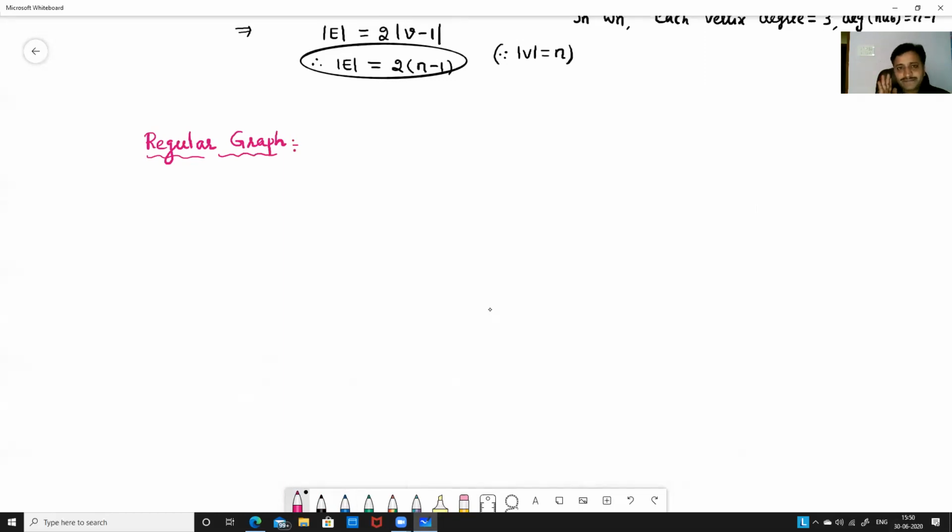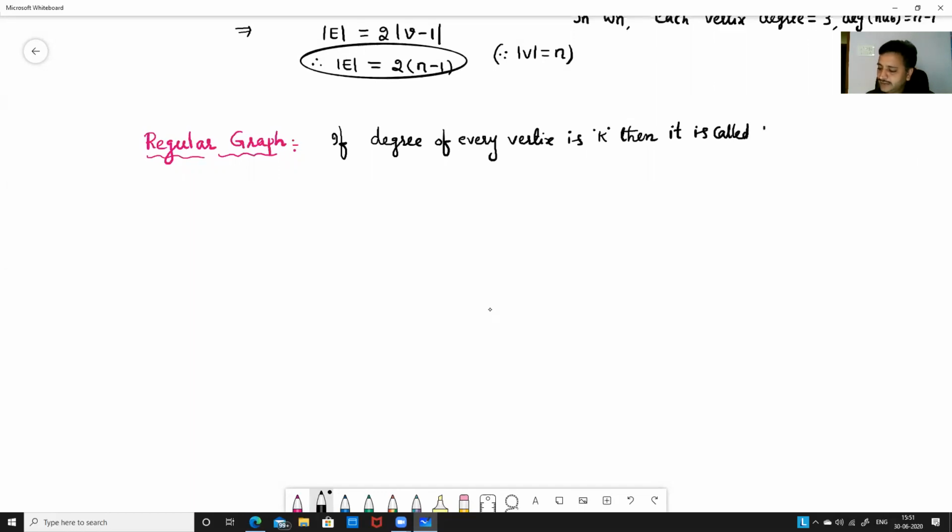Suppose in a simple graph, if every vertex degree is k, then it is called a k regular graph. If the degree of every vertex is k, then it is called a k regular graph.